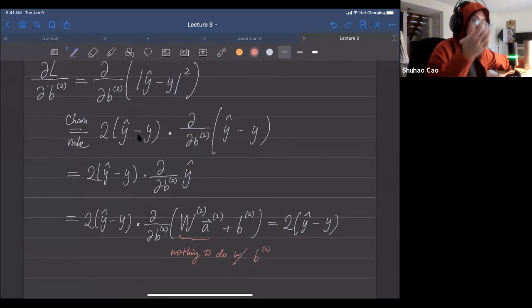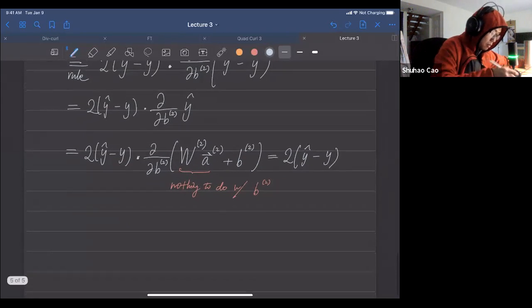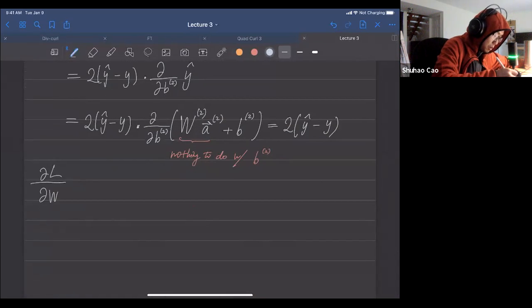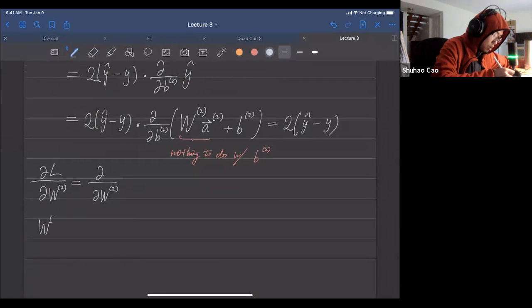Now let's do the same thing for W2. So partial L, partial W2, which is our weight matrix.